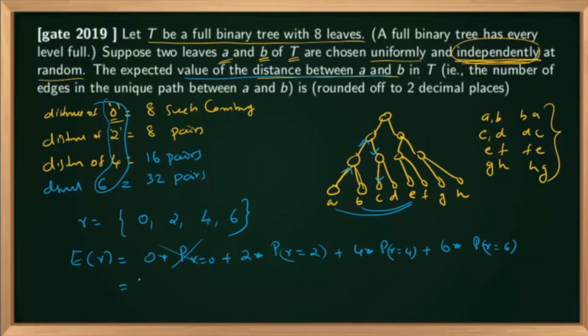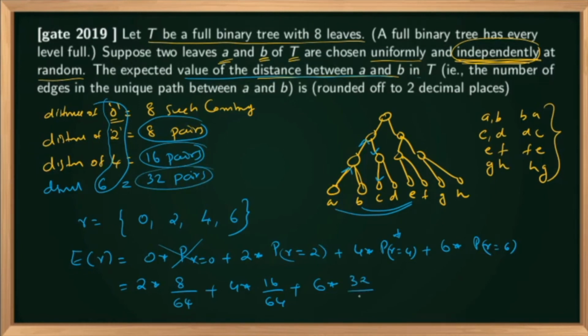For R equal to 2, we have 8 pairs out of 64, so 2 times 8 by 64, plus 4 times 16 by 64, plus 6 times 32 by 64. If you compute this, I think it will be equal to 4.25.